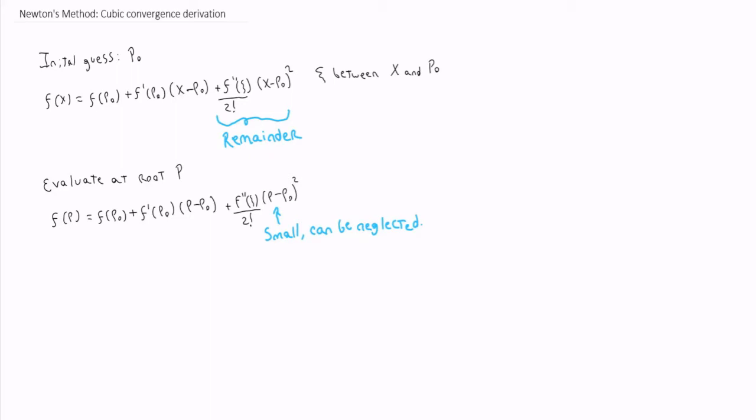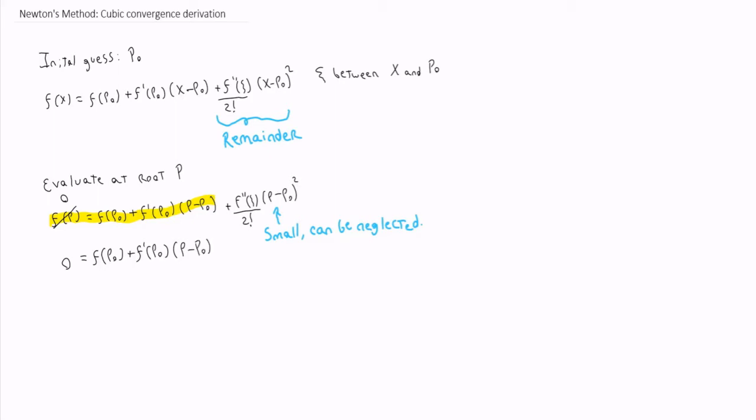Which means that we are left only with the linear terms of this equation. Then f at p is 0 because a function at a root is 0, and then we are left with the polynomial in this form.